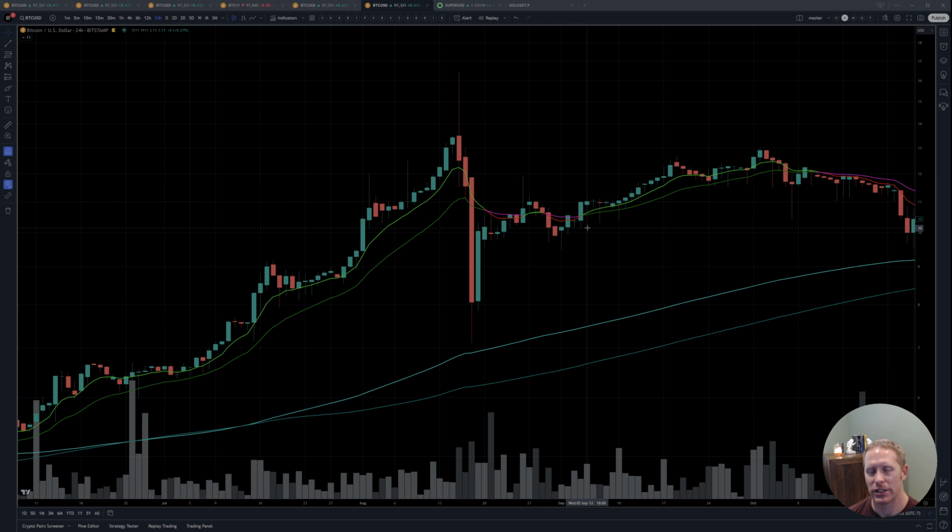These actually turn colors on the cross, not the slope. So when you have the 8 EMA crossing the 21 EMA, that's when the colors will change. And that's your lower time frame signal to enter a trade. And I'm only talking about long trades. You can flip this in reverse to go short as well.